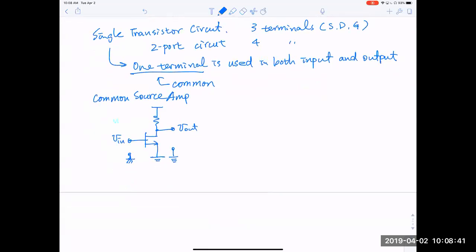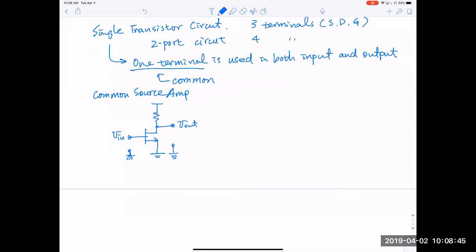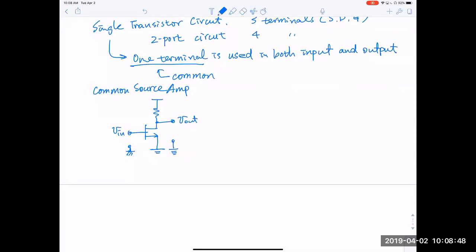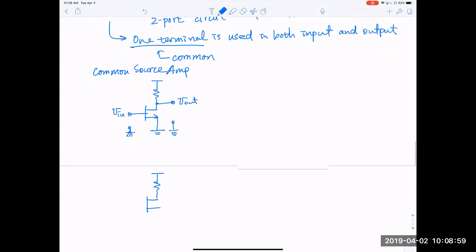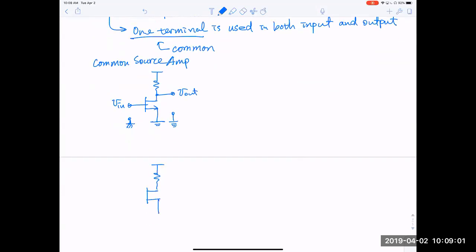And for a transistor, you can actually be creative. You can actually use common gate. We'll talk about common gate in more detail. It looks weird, but you can ground the gate and apply your input here.